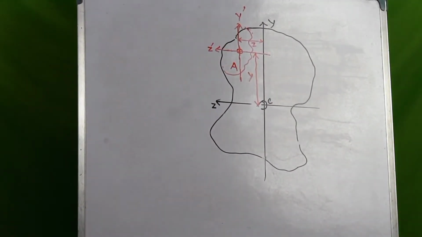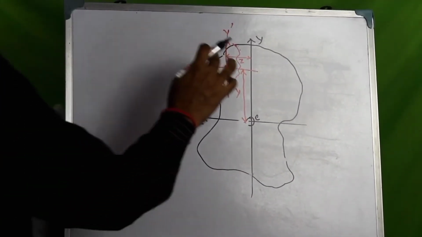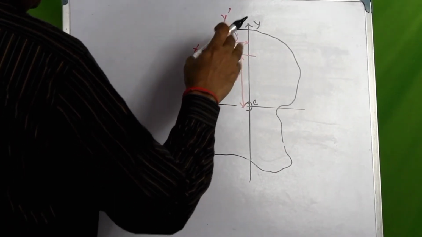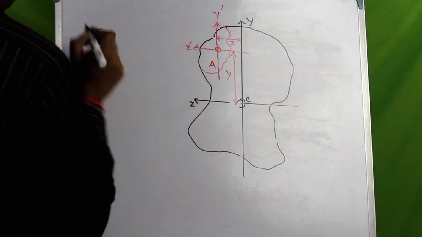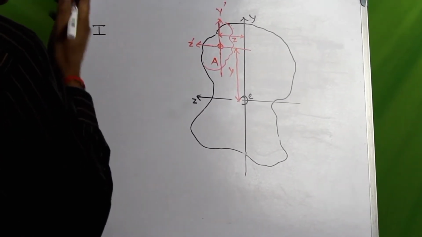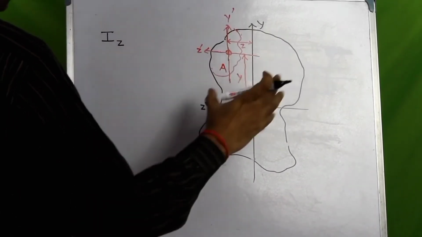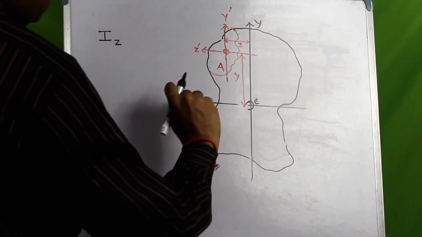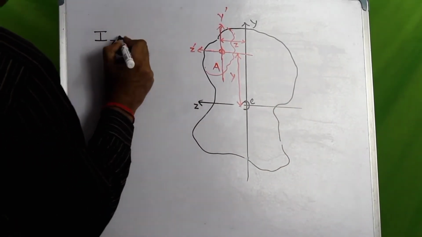Now, as per the parallel axis theorem, if we want to find the contribution of this area to the moment of inertia of the whole cross section about the z-axis, we write that as Iz.